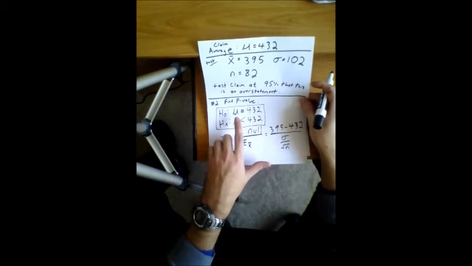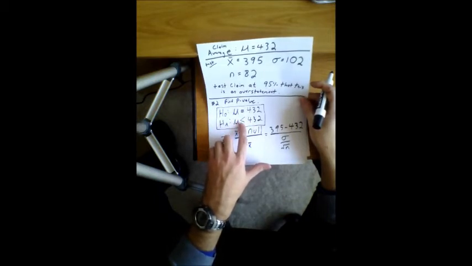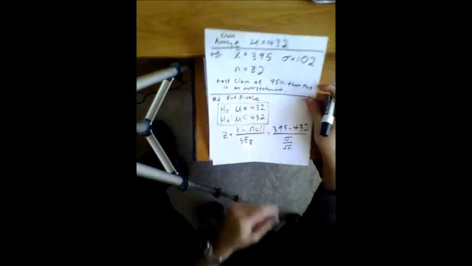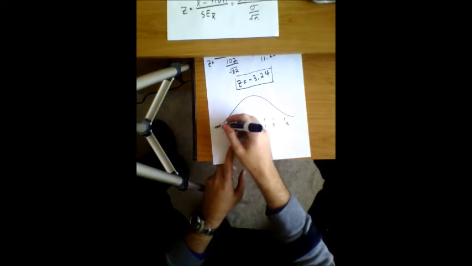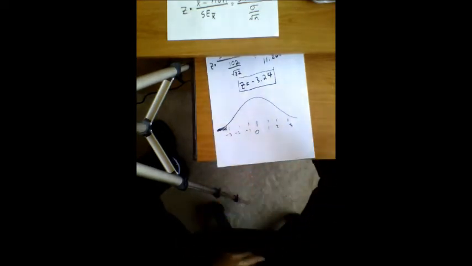So this is a one-tailed test because we do not have the not equal. That would be two-sided. So it's just one-tailed. And furthermore, it's left-tailed. So we're looking for this area just to the left of this. It should be very, very small.